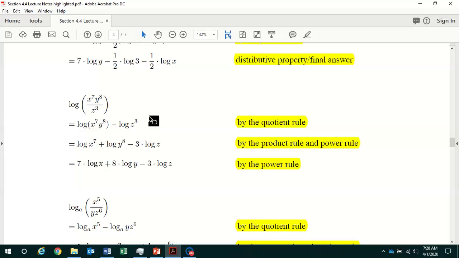At the same time, in the second term, 3 is an exponent on the variable z, so we can bring the 3 down in front of the log, and we have minus 3 times the log of z.